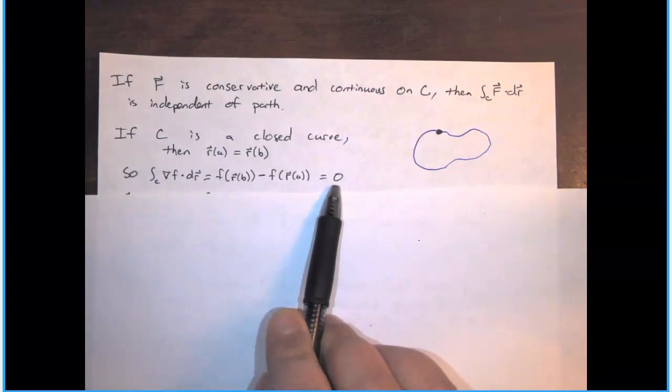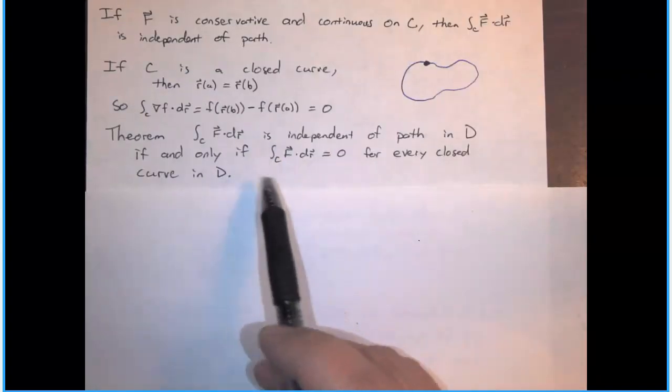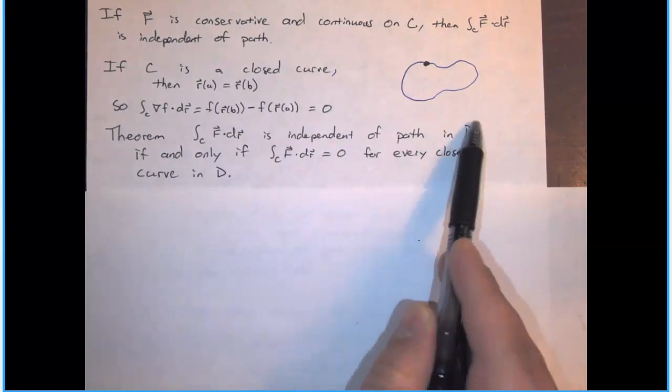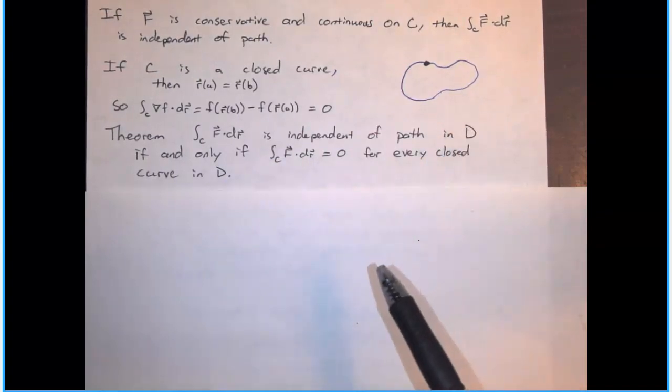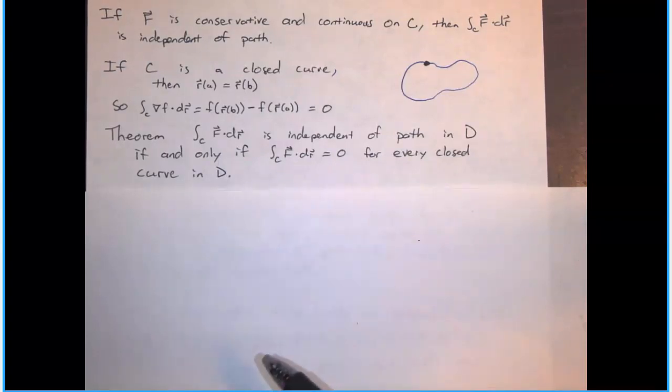So that integral is going to be 0, right? If it's a gradient, it's 0. If we integrate over any closed curve in the domain where the vector field is conservative, then that integral is 0. So if you have an integral that's independent of path and you're integrating over a closed curve, the answer will always be 0.